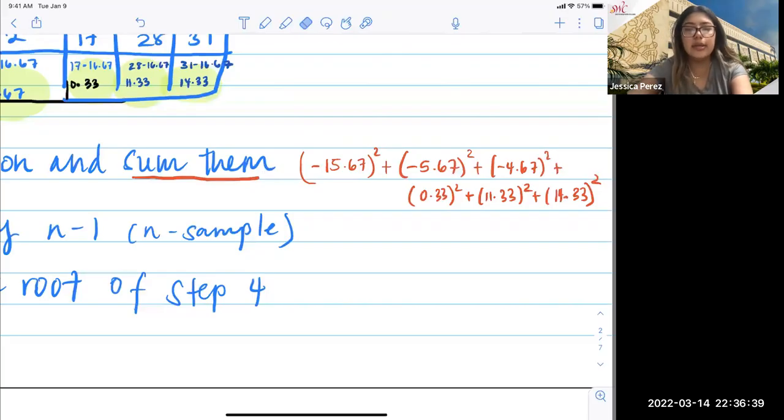So I have negative 15.67 squared plus, and then I'm going to be writing that all down, negative 5.67 squared plus negative 4.67 squared.